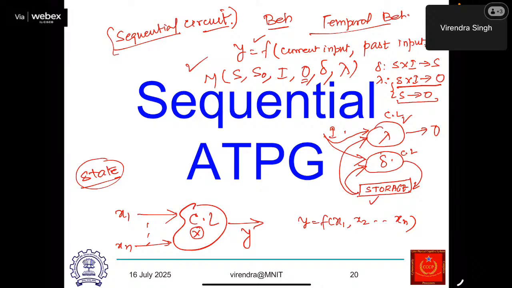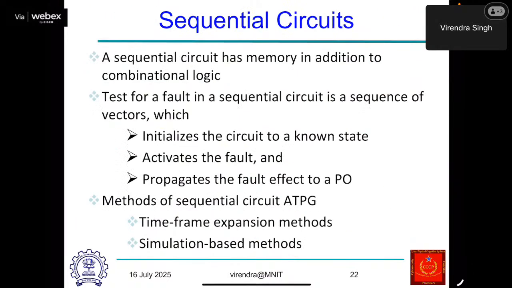Now how do we test such circuits? A sequential circuit has some memory element in addition to the combinational logic. There are two combinational blocks, lambda and delta, and some memory element. In combinational logic, there is no memory element, so it doesn't memorize anything.